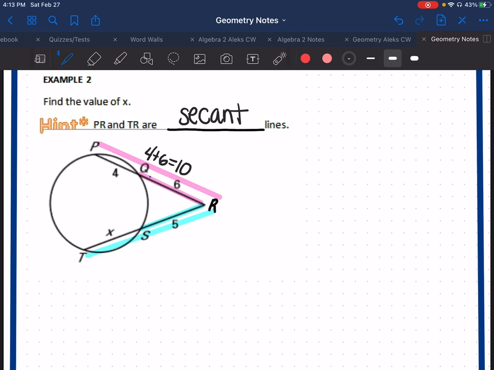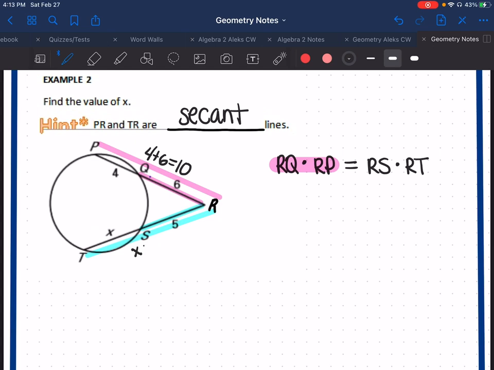And if I'm following my formula, I have RQ times RP, or PR. That was for the pink side. Those are the two pink ones. And then for the other one, I have RS times RT.